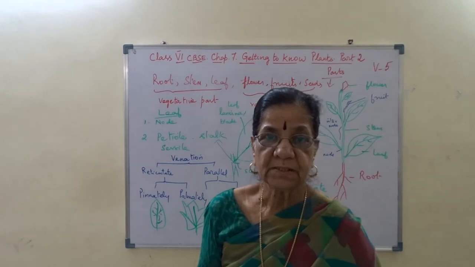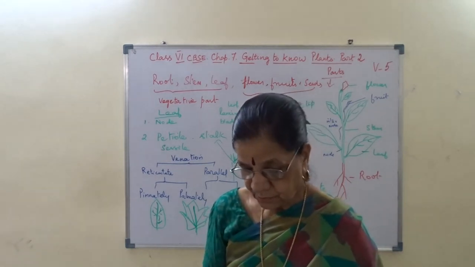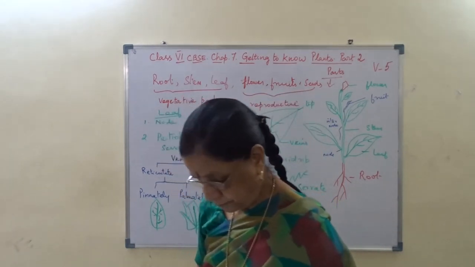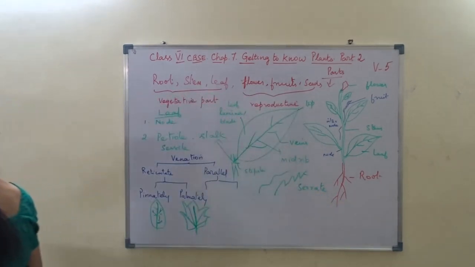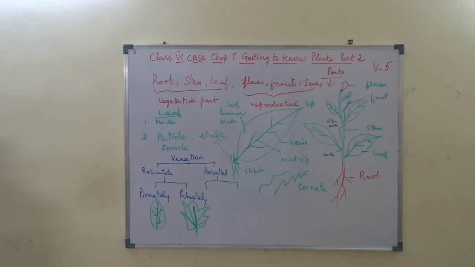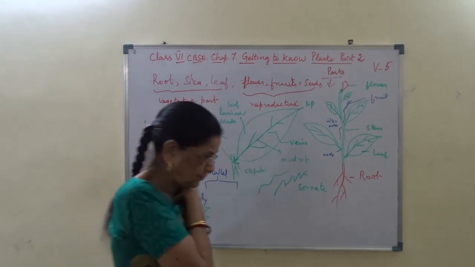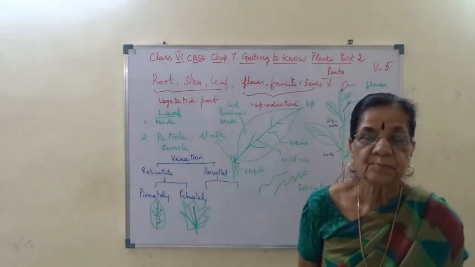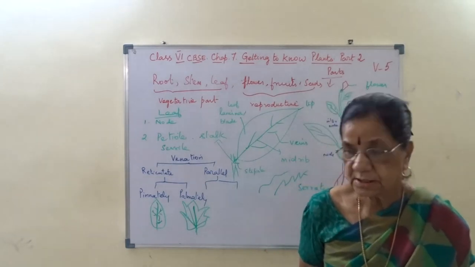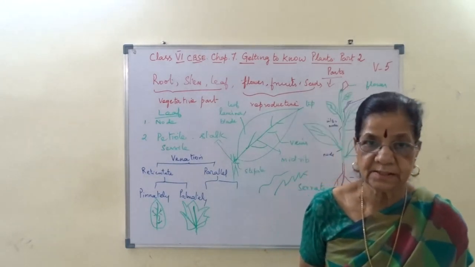I hope you understand. That is for the structure of the leaf. Next is the function of the plant parts, starting with the root system: absorption, fixation and anchorage.